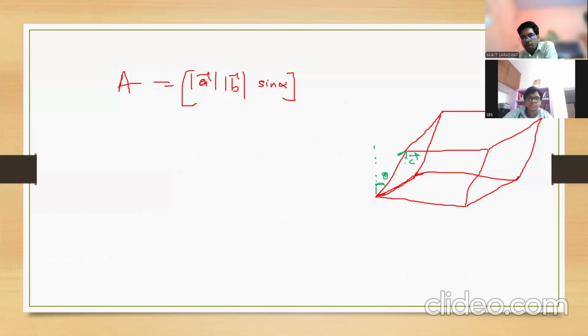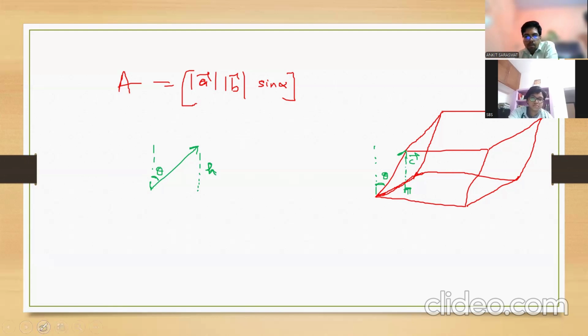If I drop a perpendicular on this base from my C vector, this is the height. This is theta. Area of base into height now: I want this length from here to here.